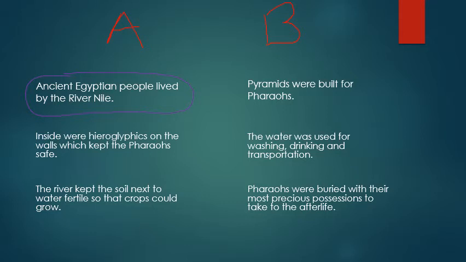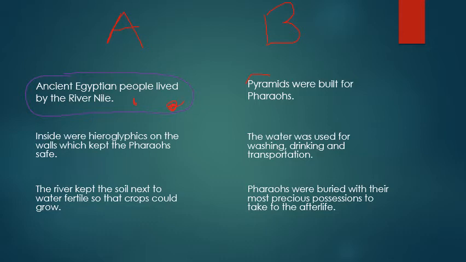So let's start with this one here. Ancient Egyptian people lived by the River Nile. I'm going to move on to here. Pyramids were built for pharaohs. I want you to have a little think.